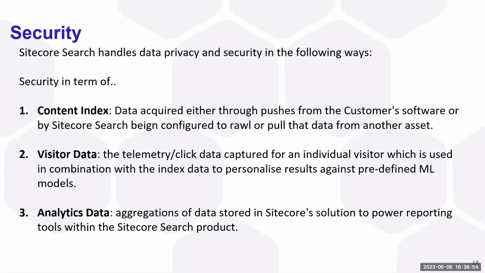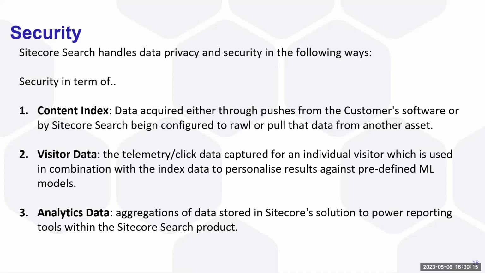The second one is visitor data. That was all the content related data. Now let's talk about visitor related data. That is the telemetry, like click data captured for an individual visitor, which is used in combination with the index data to personalize results.